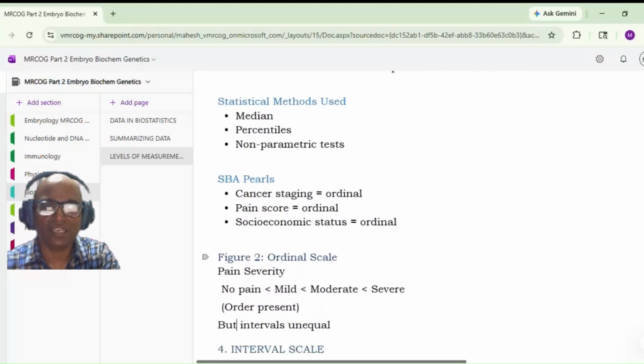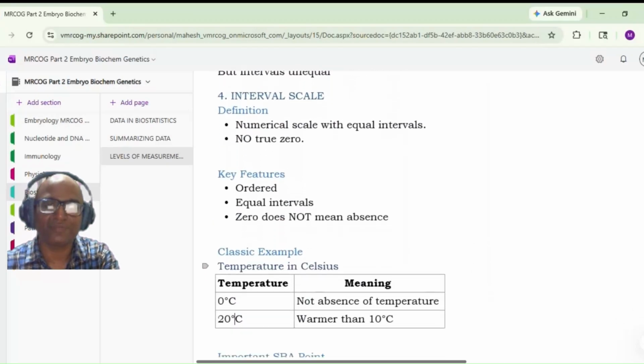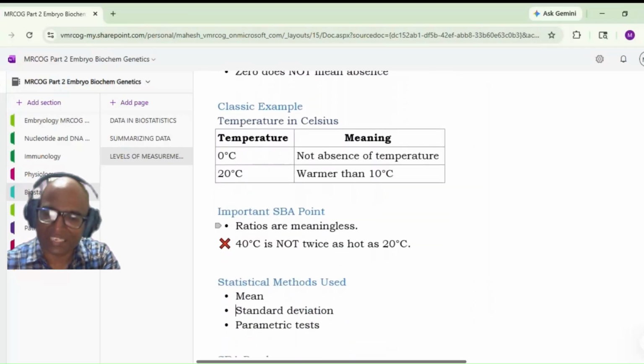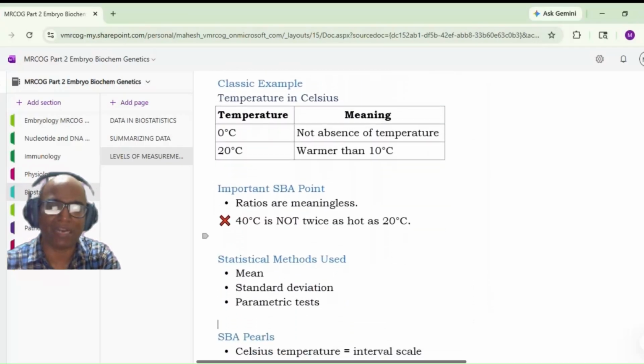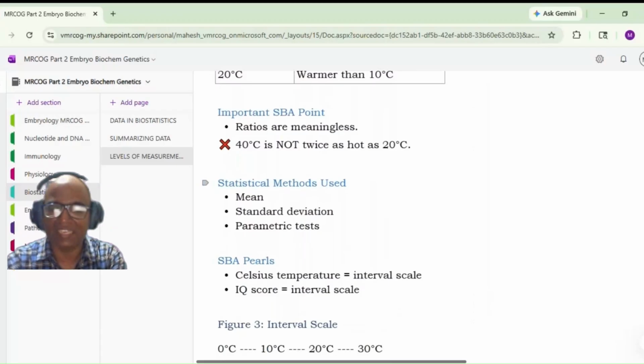While here in the interval scale, mean and standard deviation are used for the description, and parametric tests can be used. So this is a higher type of scale as compared to the nominal and ordinal.